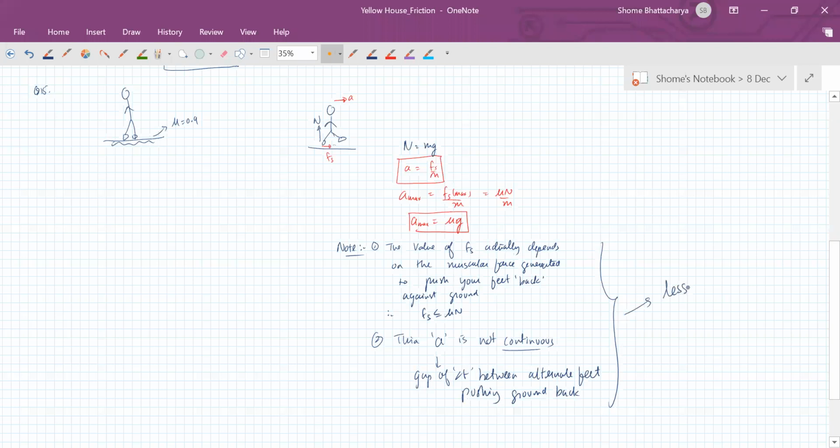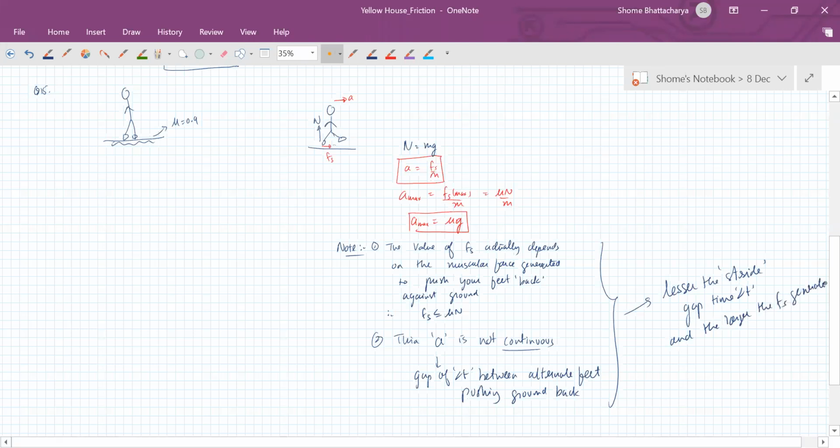So the lesser the stride gap time delta t and the larger the static friction generated, the more will be the average acceleration.